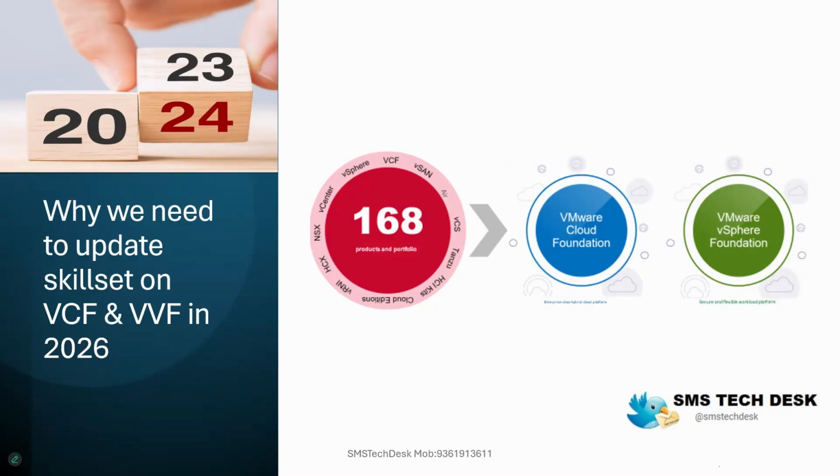So each product had separate licensing, separate management, and separate skills for customers and engineers. It became confusing and difficult to manage. So VMware simplified everything. Instead of hundreds of separate products, they grouped them into just two main platform categories: VMware Cloud Foundation and VMware vSphere Foundation.